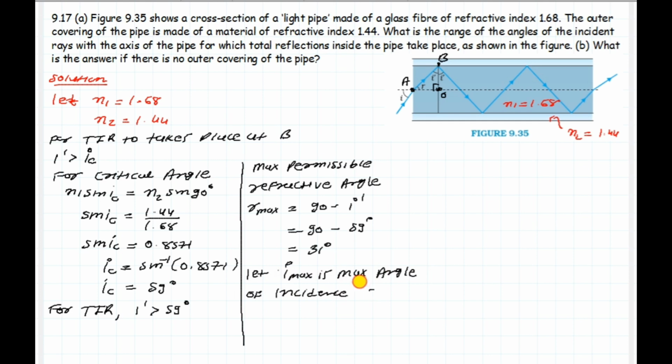Using Snell's law at point A, na sin I is equal to n1 sin R, where na is the refractive index of air and n1 is the refractive index of the medium inside the core.